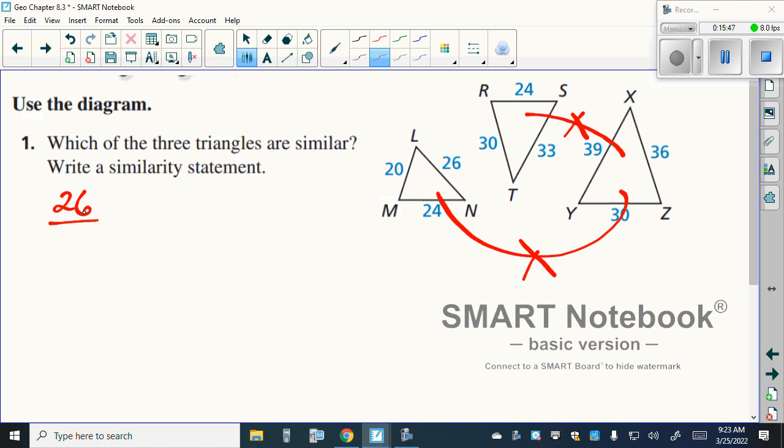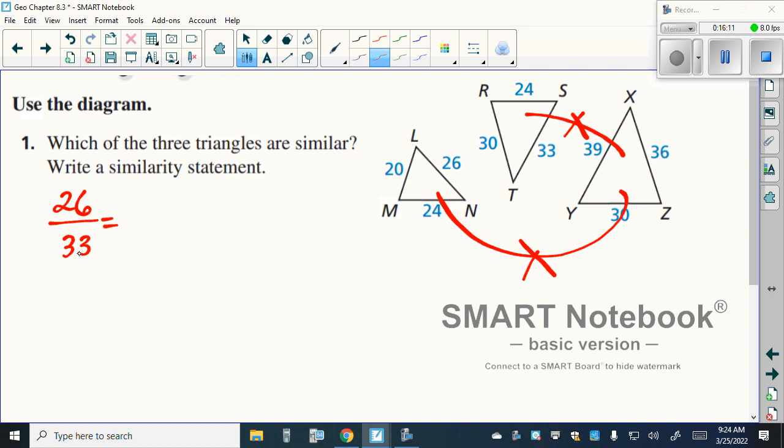Now for the last one here, 26 over 30, because 30 is the biggest side for RST. No, 33 is. So we'd have 26 over 33.